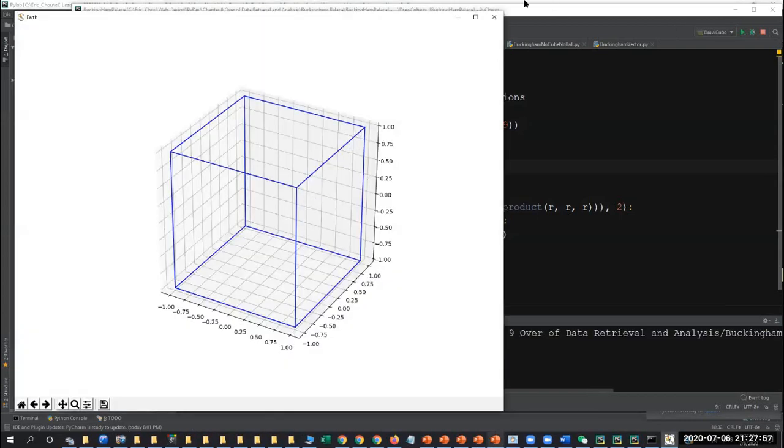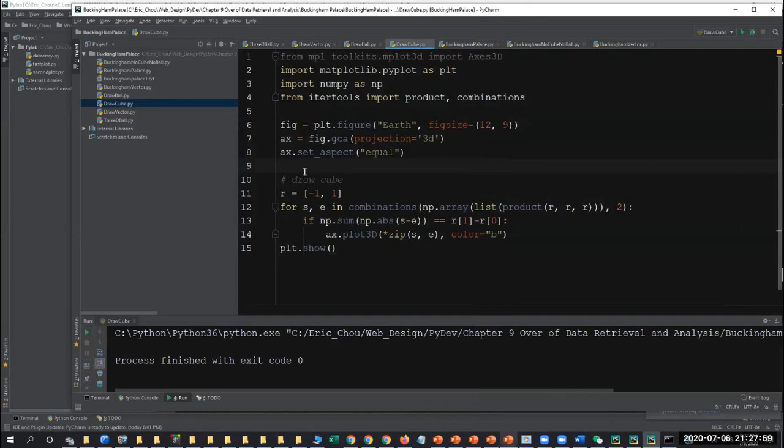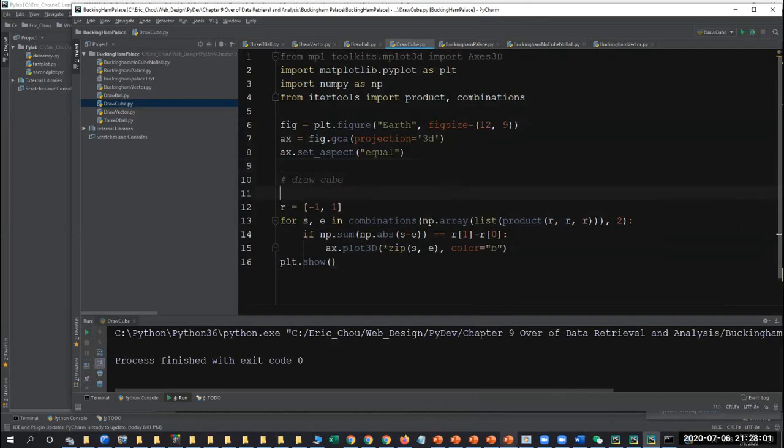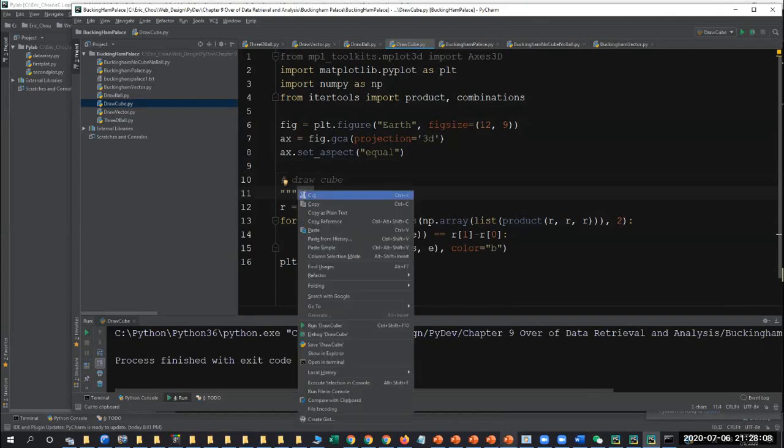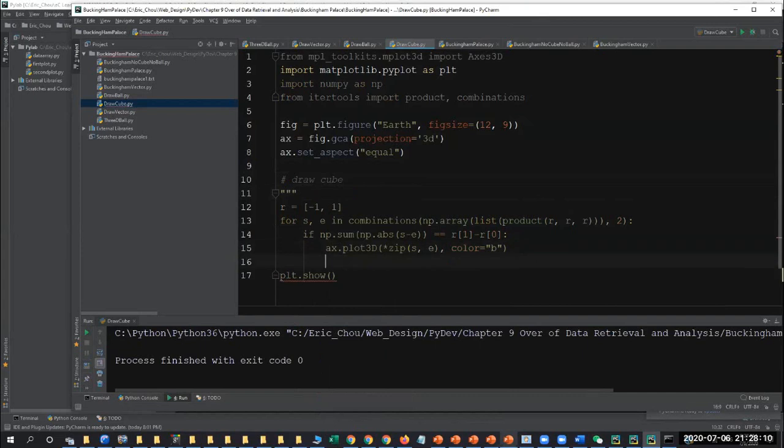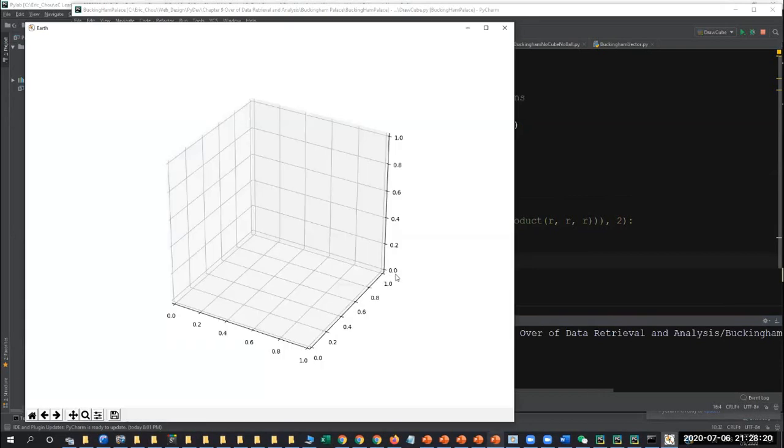If you remove the blue one, the cube portion, up to here if we remove this draw cube portion, this portion will give you the 3D basic space. Is that okay?